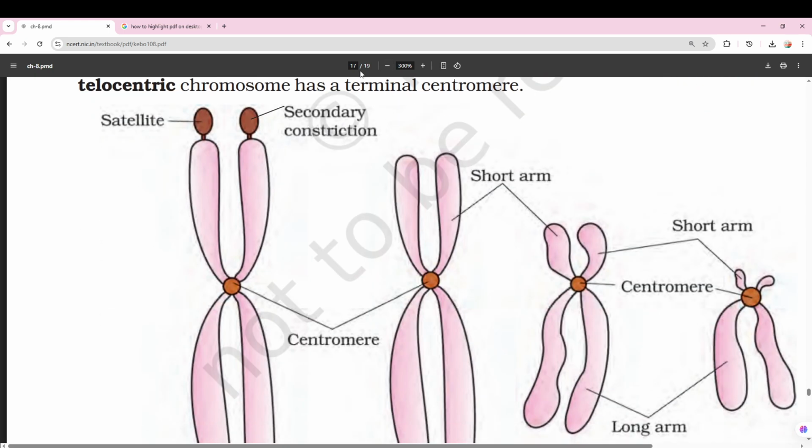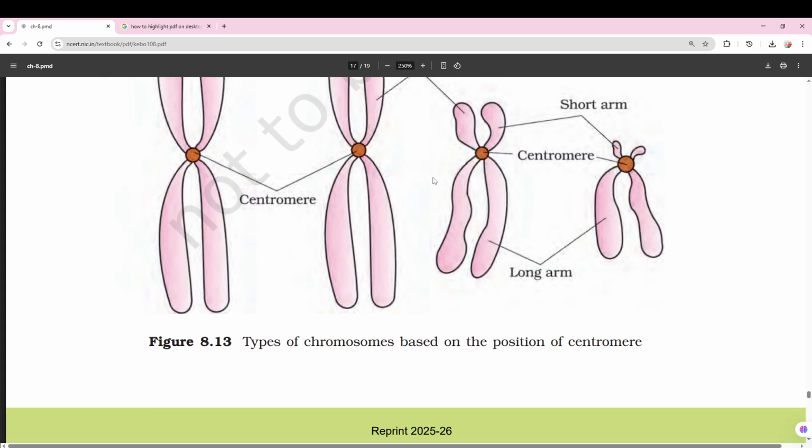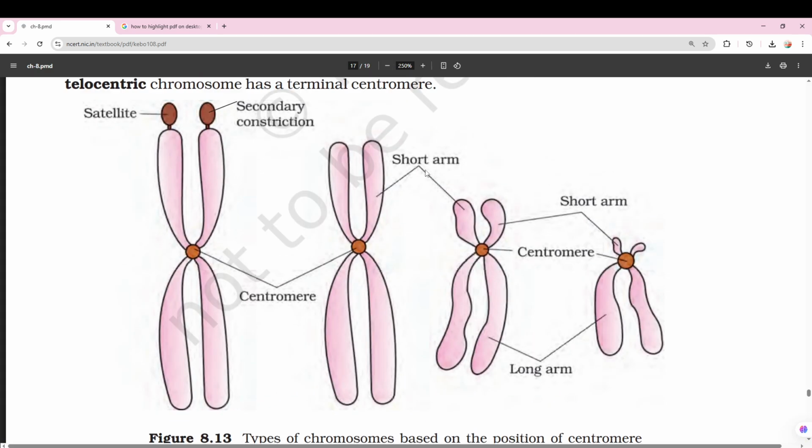I was talking about these types of chromosome based on the position of the centromere. You can see this is the satellite and this is the secondary constriction. This is the centromere as it's just moving forward and forward. These two are short arms and even these two are short arms, and these are quite long arms.